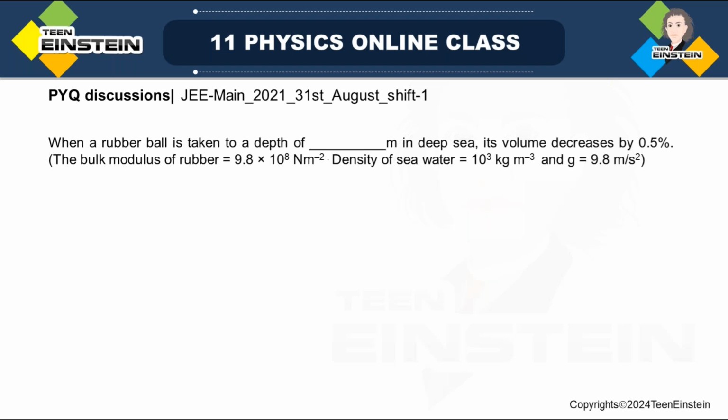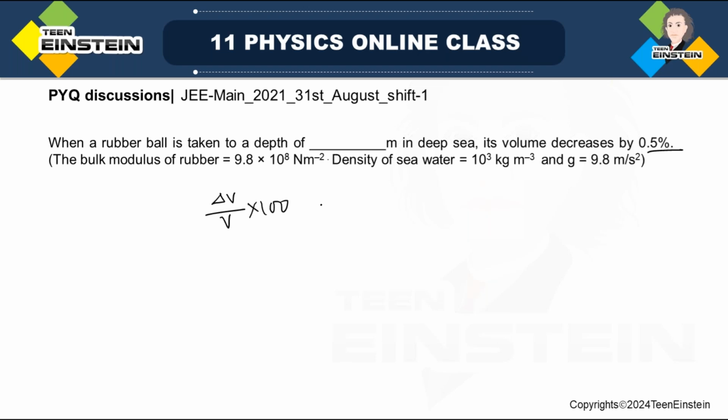This problem says when a rubber ball is taken to a depth of dash meter in deep sea, its volume decreases by 0.5 percentage. That means delta V by V, this is in percentage.